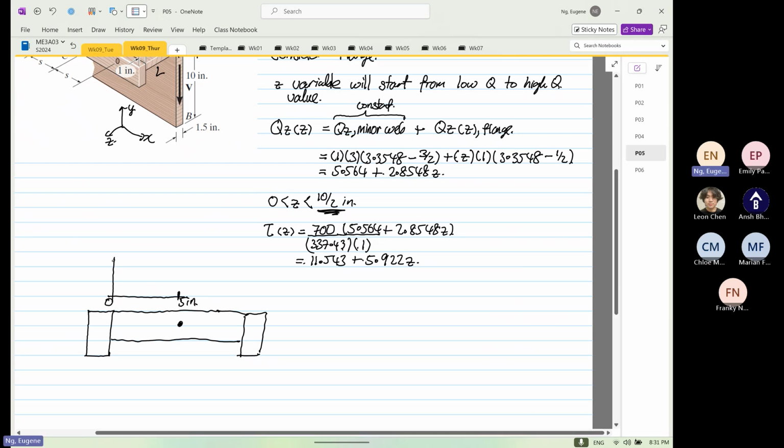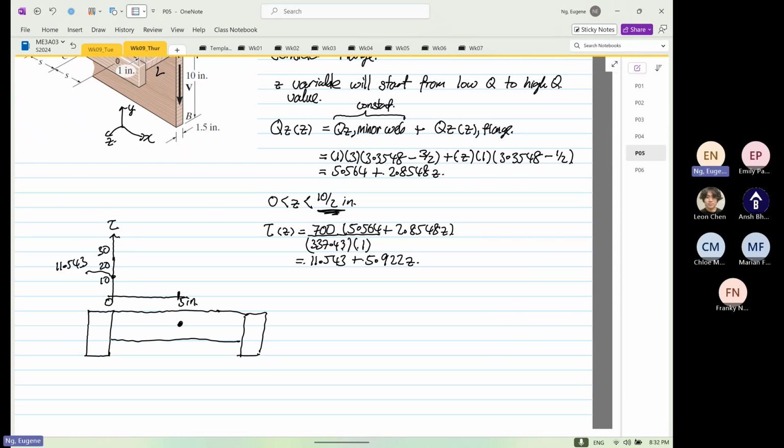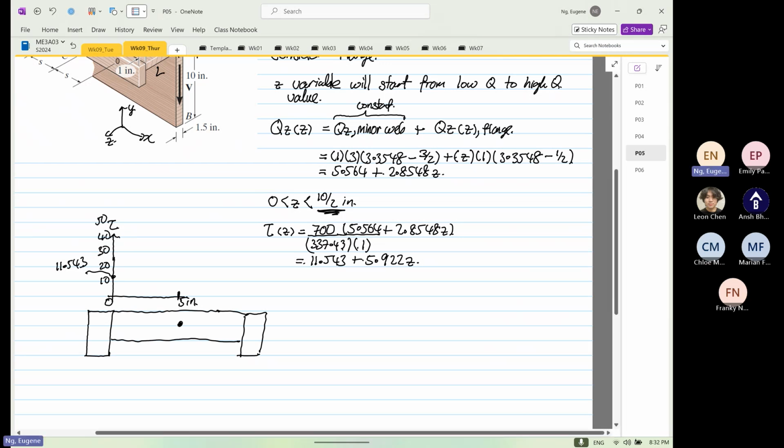Okay, this one is 5 inch. And this is our 10, 20, 30. This is our shear stress. And if we look at the function, it is a linear function. So over here, you will have 11.543. And then at 5, so 5.922 times 5 plus 11.543 is 41. So 40 and 50. So 41 is somewhere around here, right?